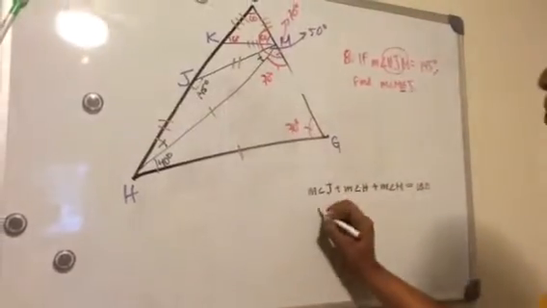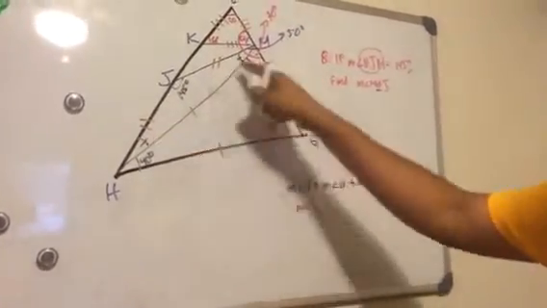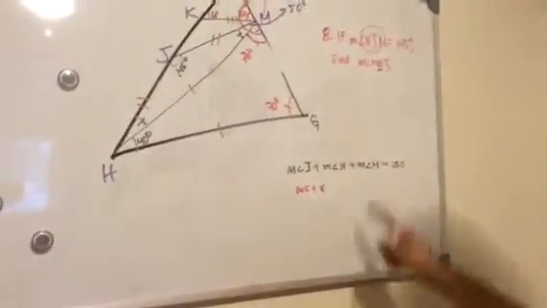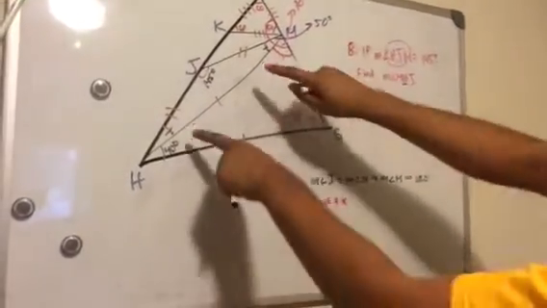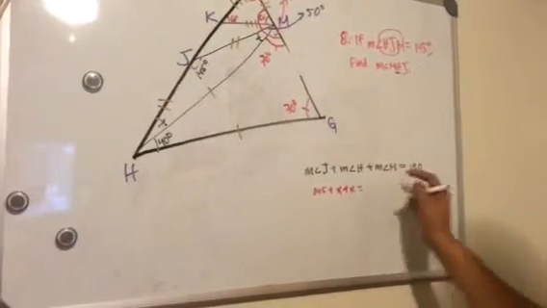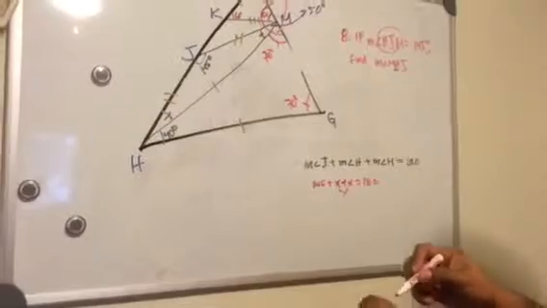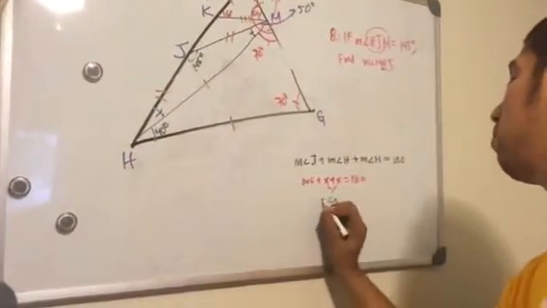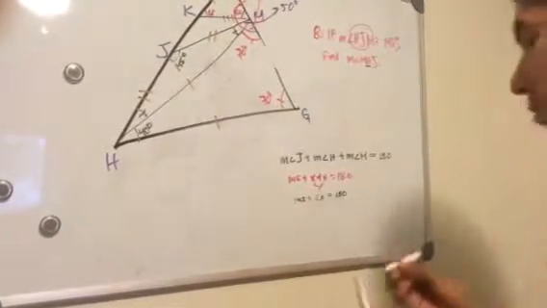Now we substitute for the knowns. J is 145 degrees, plus measurement of angle H, which we don't know, but we can substitute with a variable, X. And for measurement of angle M, which is also unknown, we're going to use the same variable, so plus X is equal to 180. We collect like terms: 2x plus 145 is equal to 180.